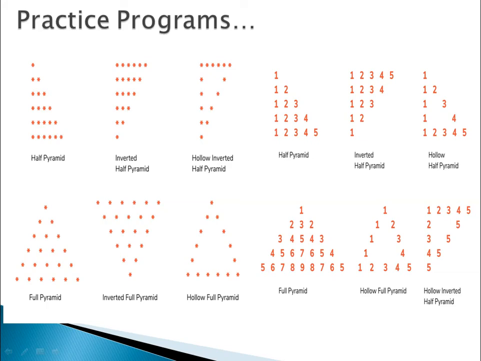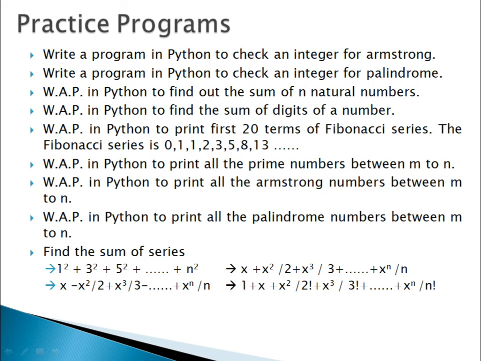If you cannot understand the theoretical concept, it becomes very tough, and if you are able to understand the theoretical concept, it is very easy. Once it comes into the mind, it becomes very easy to draw these patterns or write a program for any of these questions or any other summation of series.